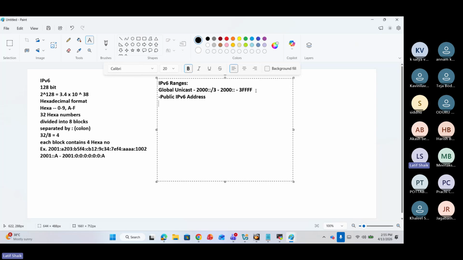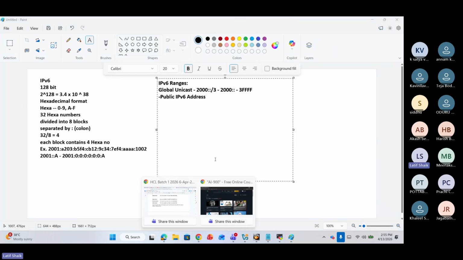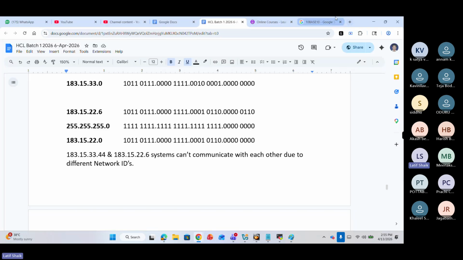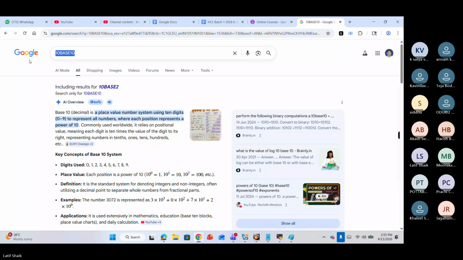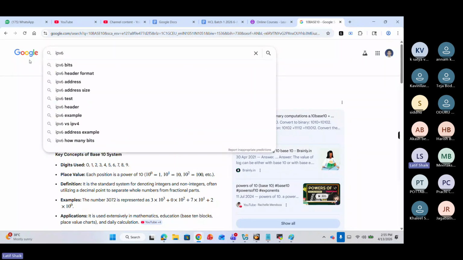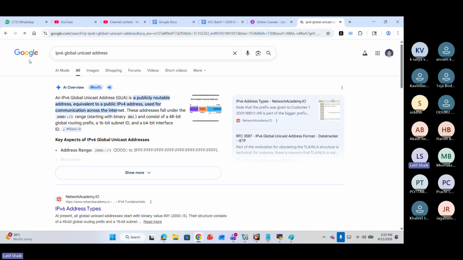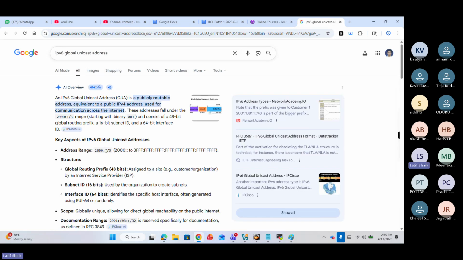Your ISP ID is also integrated inside a single IPv6 address. You can try this: go to Google and type IPv6 global unicast address. This is the range.